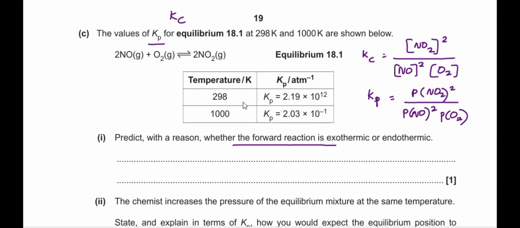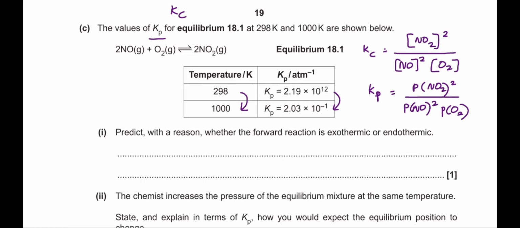Now let's look at the table. When the temperature increases from 298 Kelvin to 1000 Kelvin, we can see that the Kp decreases. This indicates that when the temperature is increased, the equilibrium shifts to the left. So going by the Le Chatelier principle, the backward reaction must be endothermic.